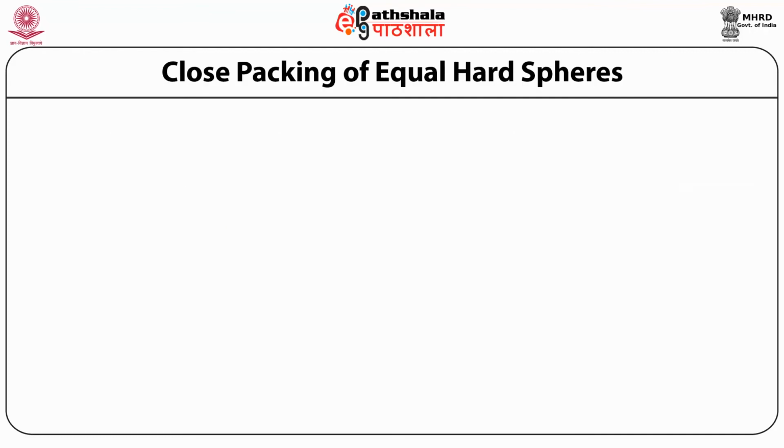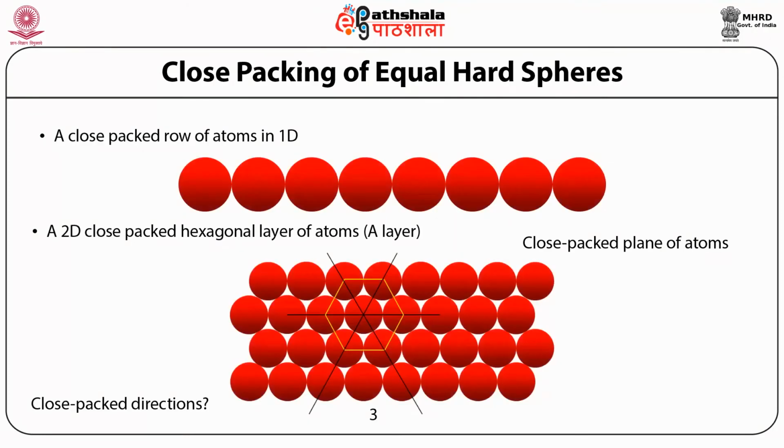Now discussing the close packing of equal hard spheres in three-dimensional packing. Students, you can see that in close packing, two possibilities are there. Either it can be hexagonal close pack, that is HCP, and the second is cubic close pack, that is CCP.